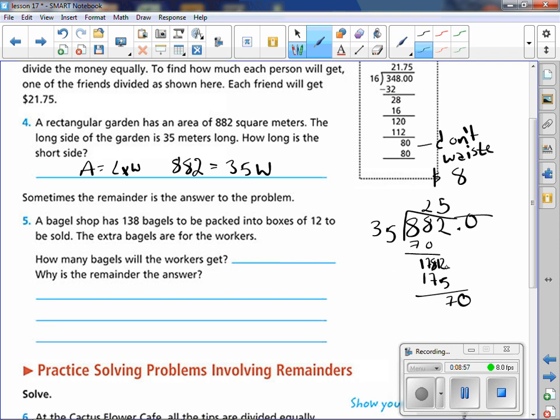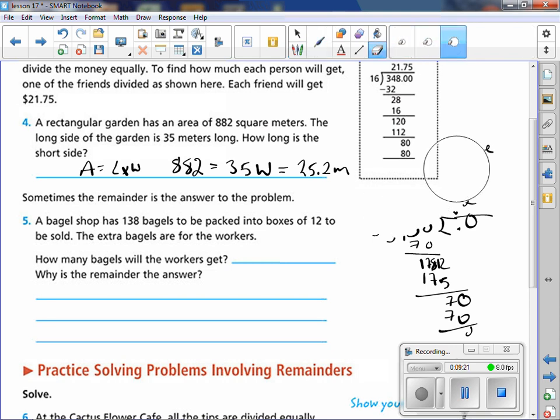Okay, so 35 into 70, it goes twice. I need to make sure I bring that decimal up. 2 times 35 is 70, so then I'm done. So we would express this as the width equals 25 and 2/10 meters. Okay, and you need to go out, otherwise you would have a strange space left over. Okay, let me do some erasing here and we're going to go on.